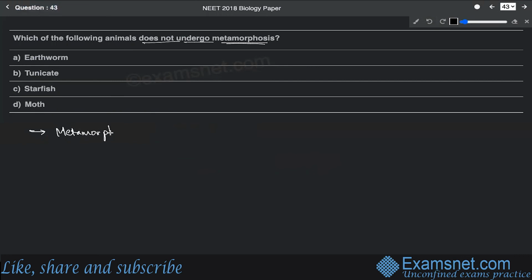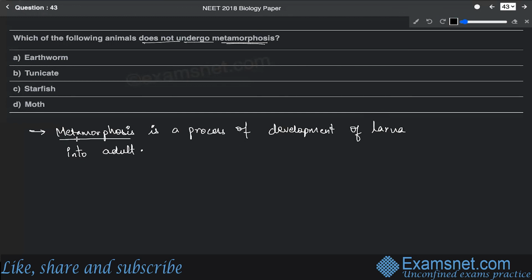So metamorphosis is a process of development of larva into adult. All right, so this is called metamorphosis. And animals that show the presence of metamorphosis are known to exhibit indirect pattern of development.